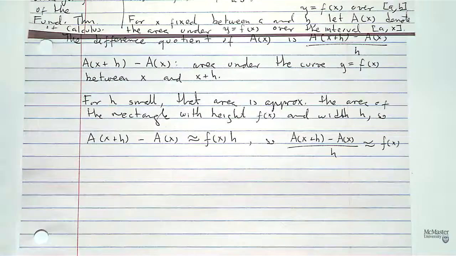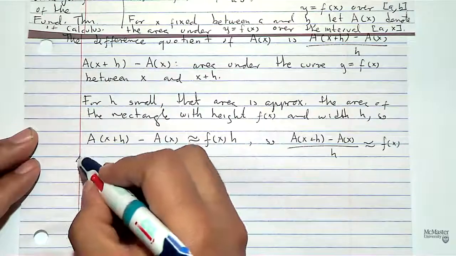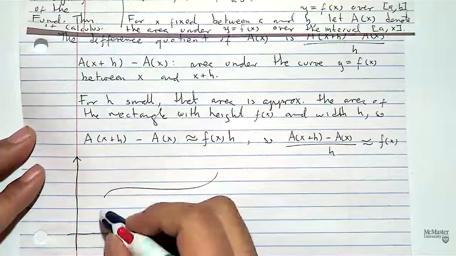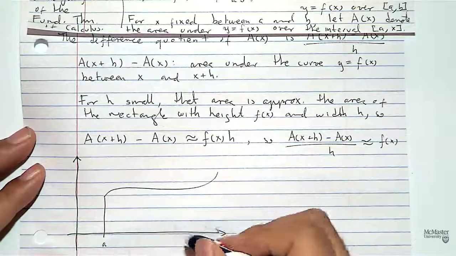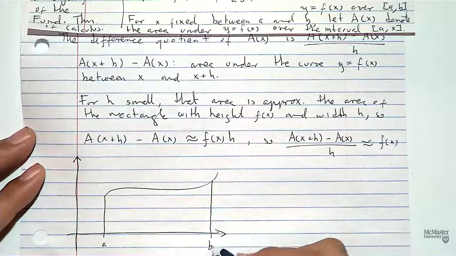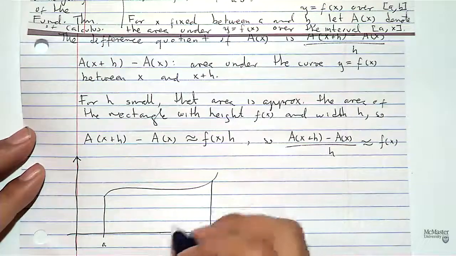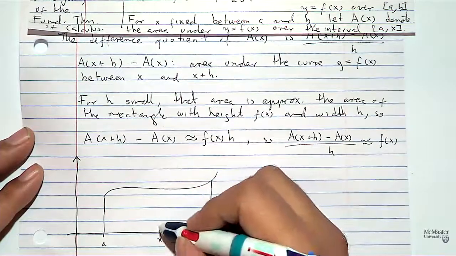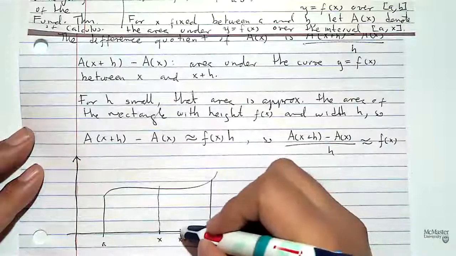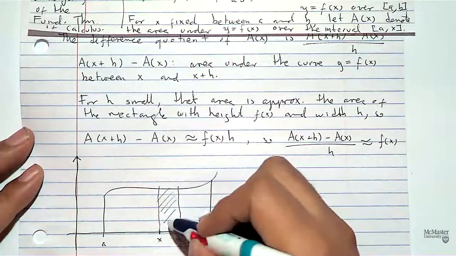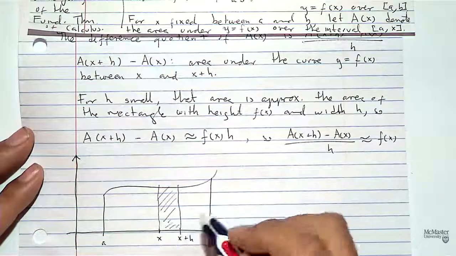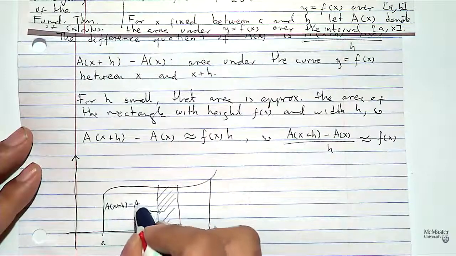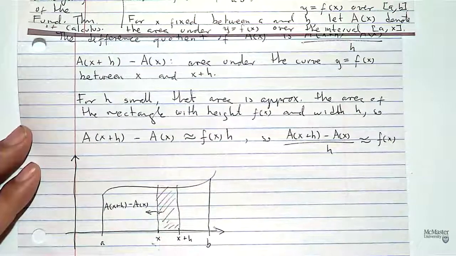Now let me do the picture. In the picture, you have this function, you have a curve, you have a, b, you have x, and you have x plus h. Formally speaking, the difference A of x plus h minus A of x is the area over here, right?